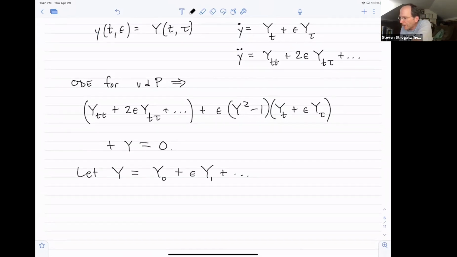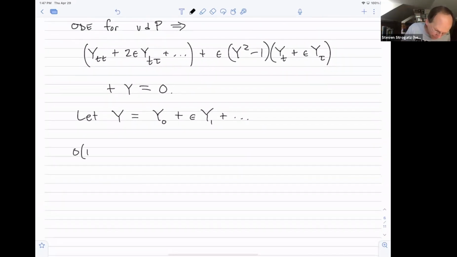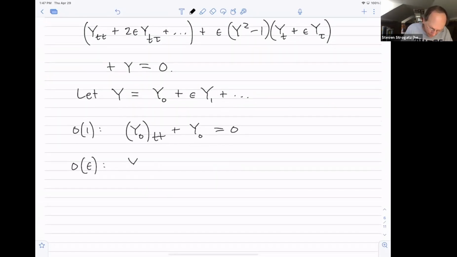I'm going to skip all that writing and just tell you that when you plug that in and collect terms of order 1, you get, not surprisingly, at the lowest order, y0 obeys the simple harmonic oscillator equation. And at order epsilon, the y1 term also obeys a harmonic oscillator left-hand side. We come to expect that in perturbation theory.